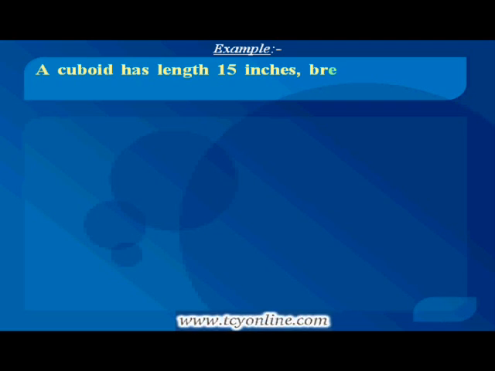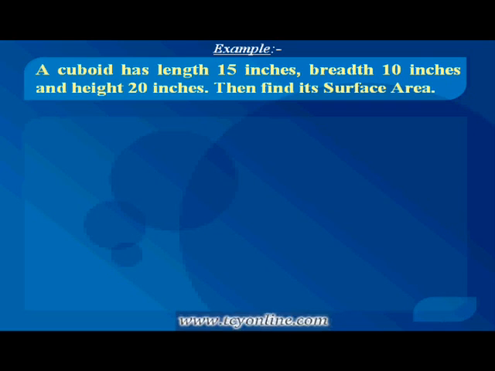An example will help us to understand the concept application. We need to calculate the surface area of a cuboid whose length is equal to 15 inches, breadth is equal to 10 inches and height is equal to 20 inches. This is the rectangular prism or cuboid whose dimensions are given to us.